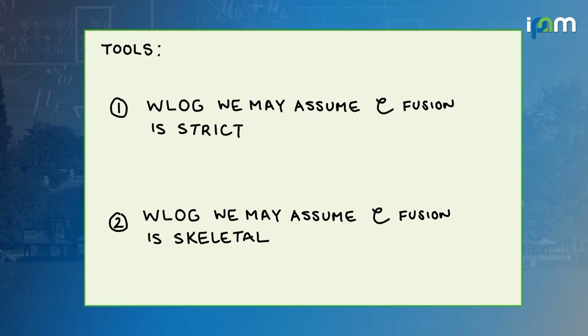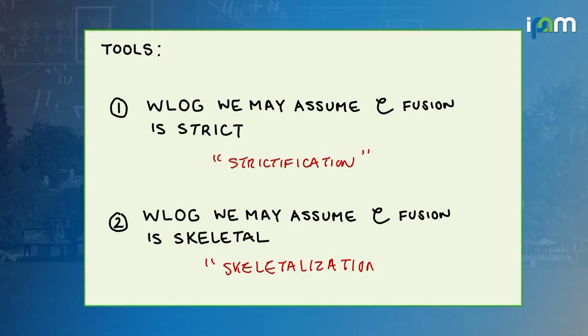One is passing to a strict category, which we might call strictification. And the other, passing to a skeletal category that's equivalent. And you'll hear people say skeletalization, skeletonization. They're all just made-up words, so it doesn't really matter. But you can't use both of these tools at once. And it's helpful to keep in mind when one of these tools might be more useful than the other.